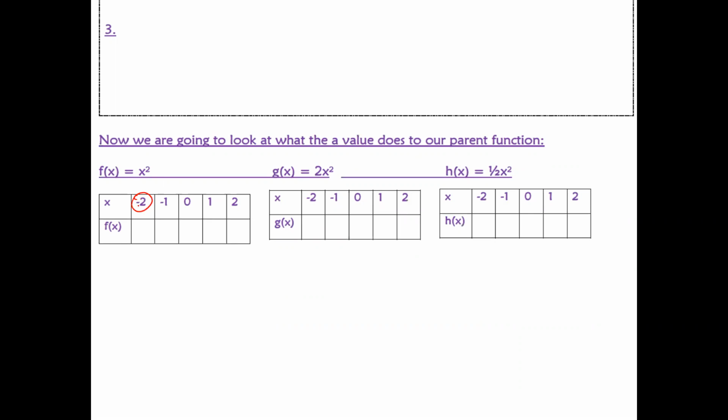When x is -2, f of -2 is -2 squared, which is -2 times -2. That gives you 4. Same thing with -1: -1 times -1 is 1. 0 times 0 is 0. 1 times 1 is 1. 2 times 2 is 4.